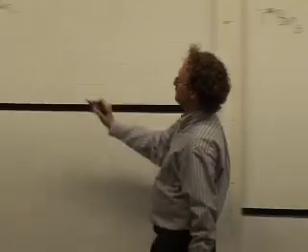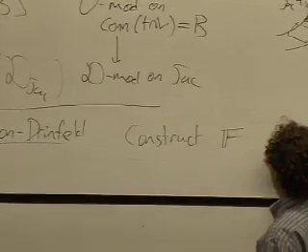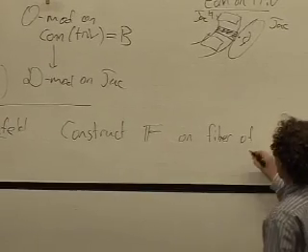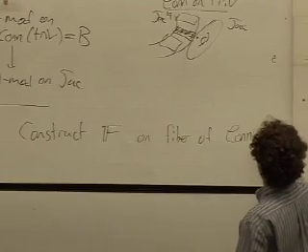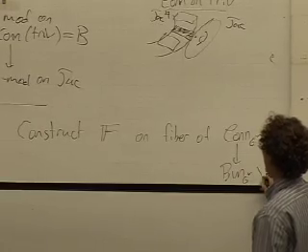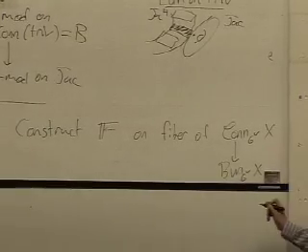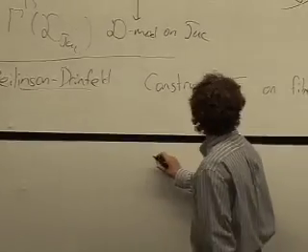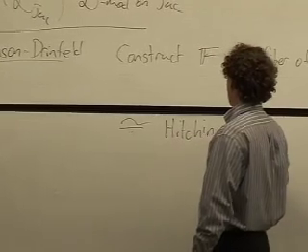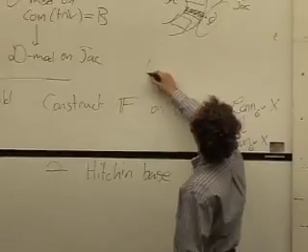So they construct this desired geometric Langlands transform on a particular fiber of the space of connections on G check over Bun G check X. So we don't know what to do with arbitrary connections, but we know what to do with very special connections, which this fiber is isomorphic to the Hitchin base B. So there's a particular fiber in here that's just like in the abelian case, isomorphic to the Hitchin base.